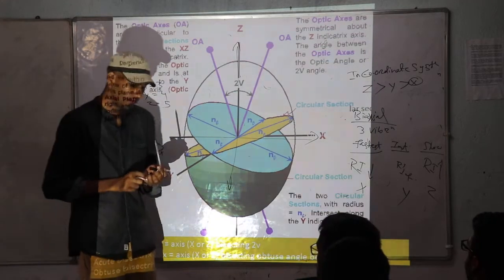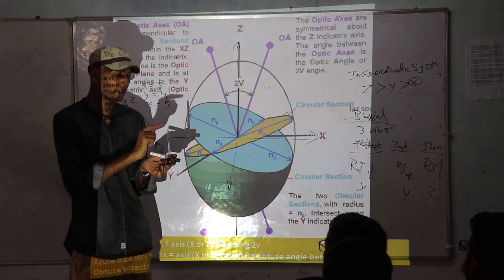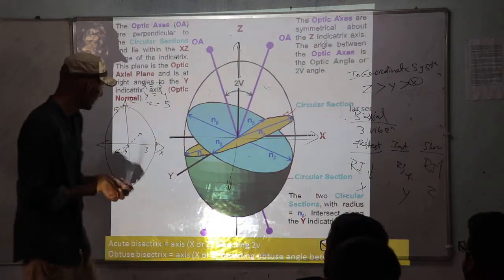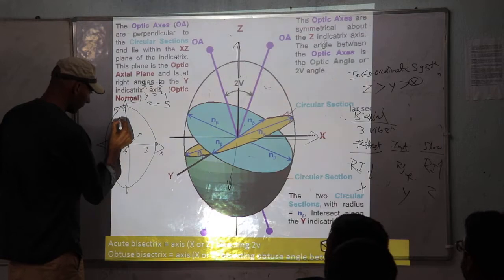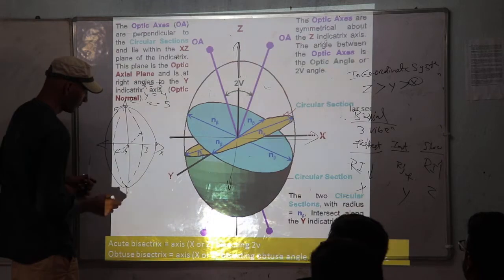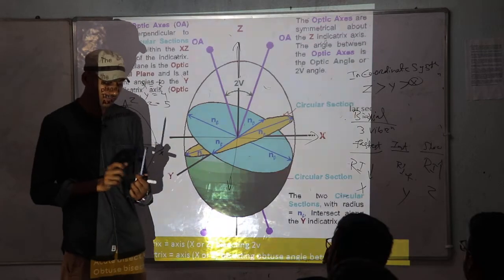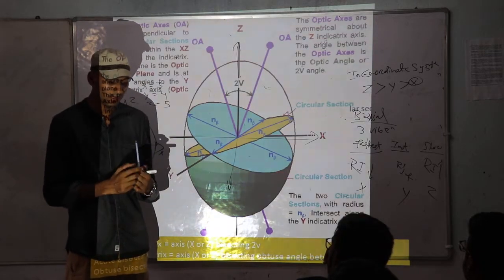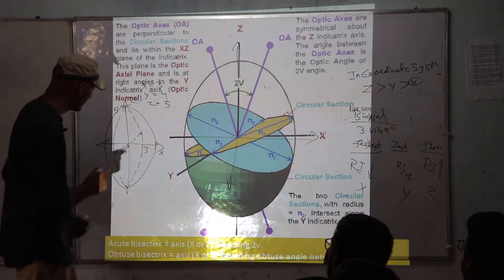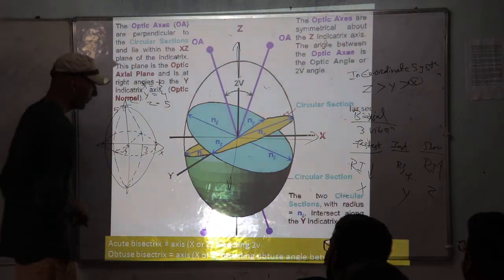If we are joining Y and Z, Y is intermediate, Z is the greatest. What will be the section? That will also be an ellipse. Then if we are joining X and Y, X is the shortest one, Y is the intermediate one, we will get an ellipse.